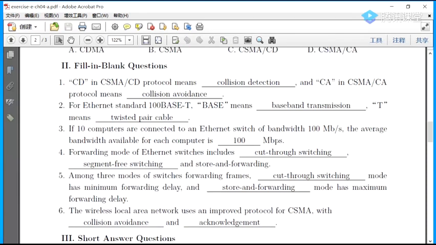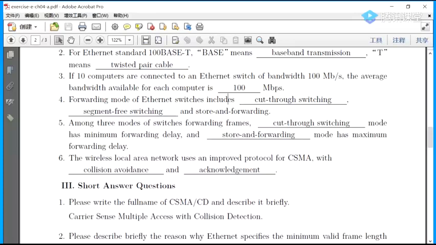Fill-in-the-blank: 1. CD means collision detection, CA means collision avoidance. 2. Baseband transmission, twisted pair cable. 3. 100 Mbps. 4. Cut through, segment free. 5. Cut through switching; store and forward is the maximum. 6. Collision avoidance and acknowledgement.